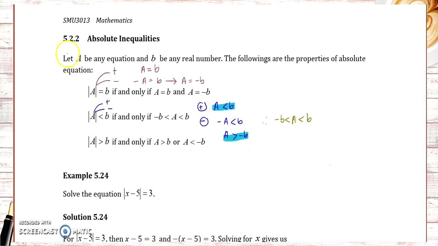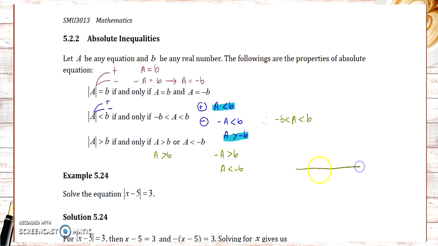For the third property, we do the same as the second property. We have A greater than b and also negative A greater than b. This one is okay, but for this one, we eliminate the negative from the left hand side by dividing both sides by negative and reversing the sign. Therefore, we have A less than negative b. So we have two regions.